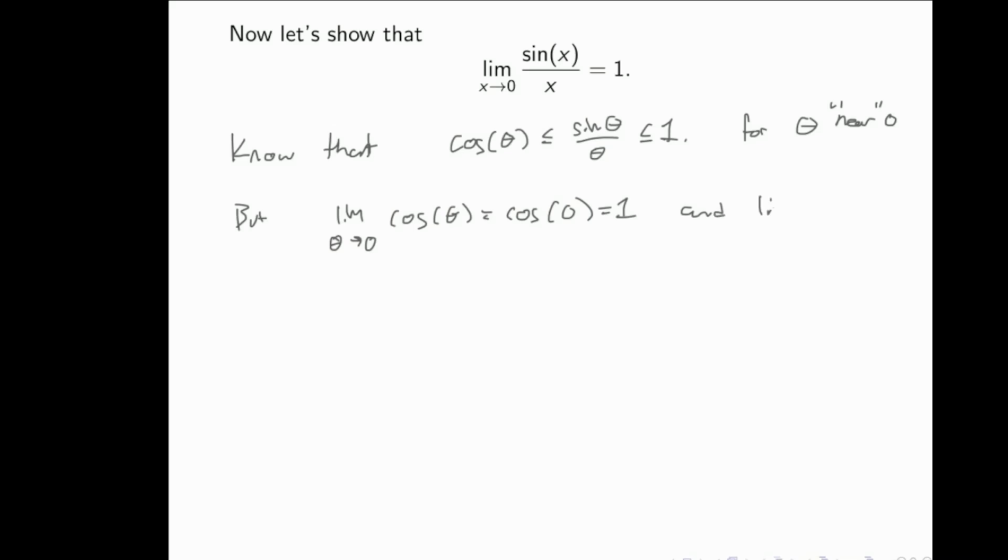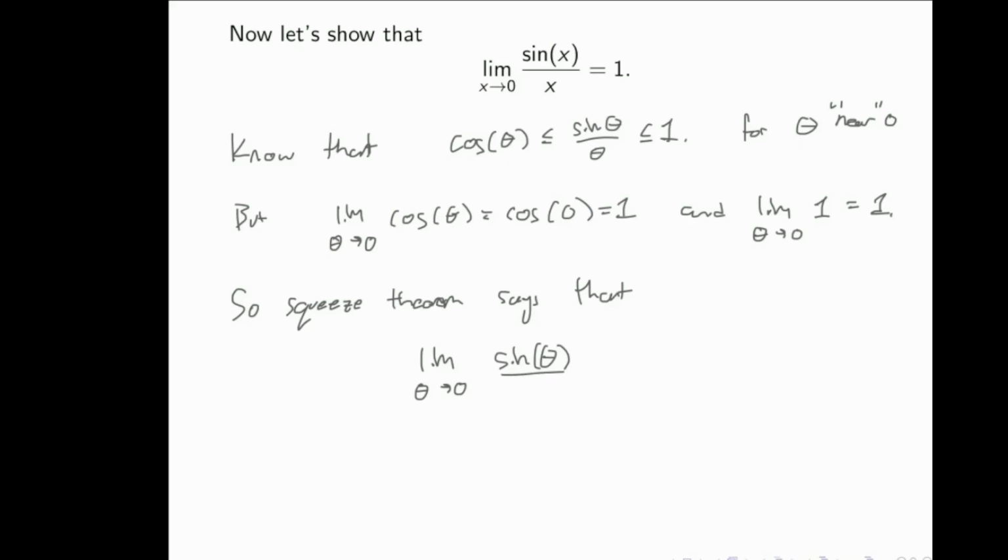And the limit as theta goes to 0 of 1, well, that's just a constant function, so that's 1. So the squeeze theorem says that, in fact, the limit as theta goes to 0 of sine of theta over theta is also 1.